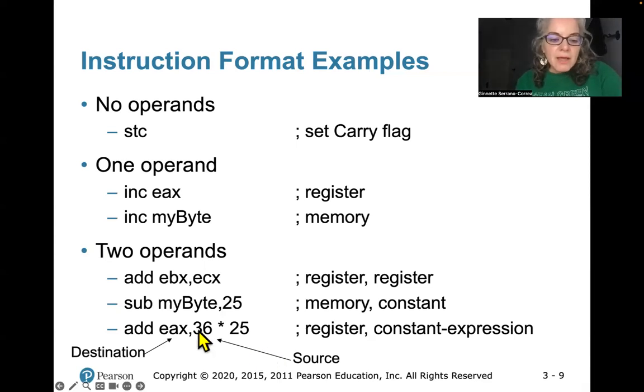We call the first operand the destination, and we call this the source. I'm typically reading it this way, as you see me, because this is what gets subtracted from that one. This is what gets added to that one. This is what gets added to that one.